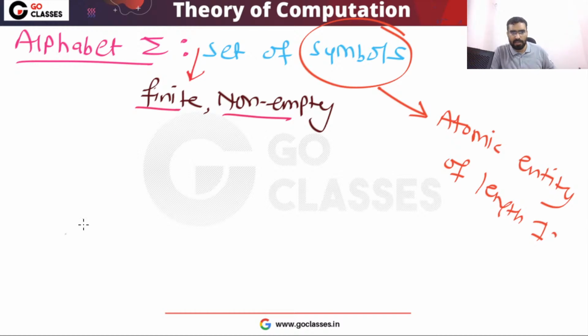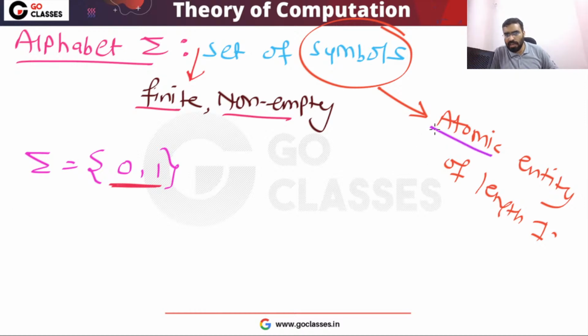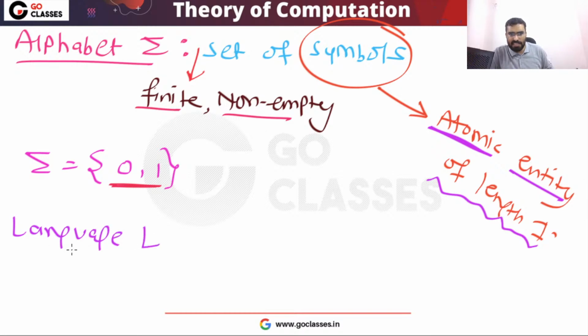Very simple. So your alphabet can be, for example, 0, 1. You can notice that every symbol is an atomic entity of length 1. You cannot break it. What is language? Language L is a set of strings. It can be finite or infinite.